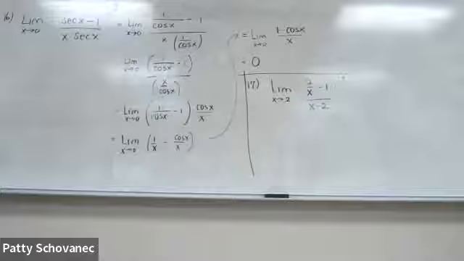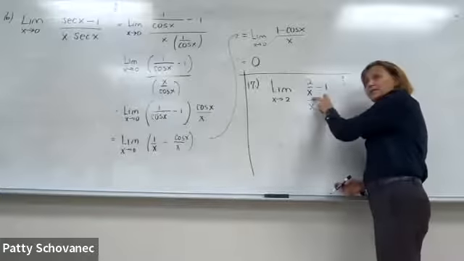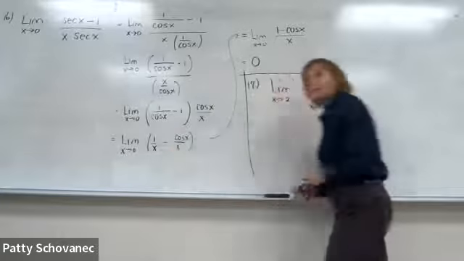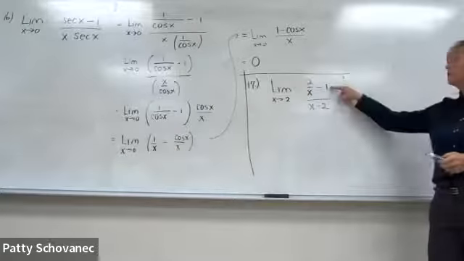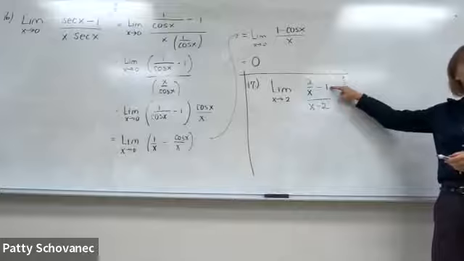This time my fraction's on the top, so I'm not going to do the flip and multiply step just yet. I'm going to put these two fractions together by getting a common denominator. I'm going to think of this one as being x over x.